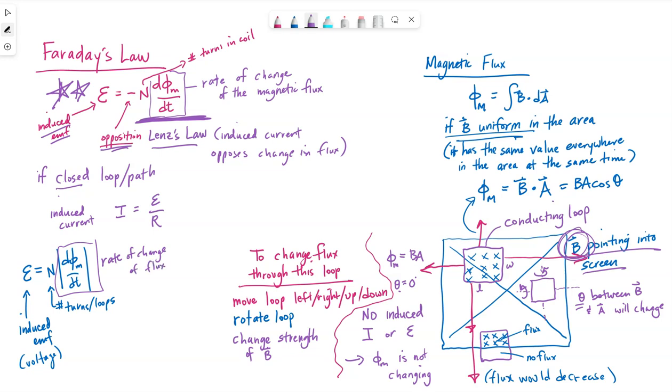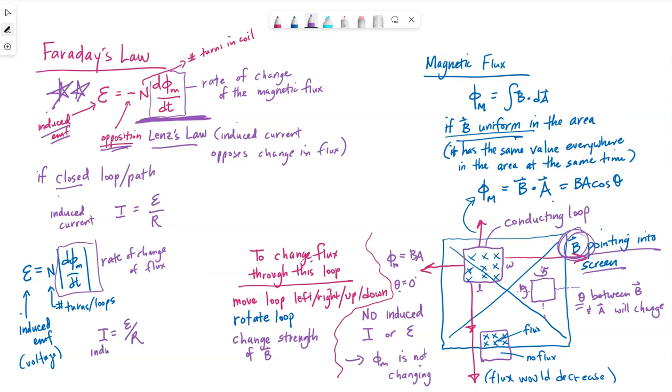So how that flux is changing as time goes on. Absolute value, just to figure out the magnitude. How big is this EMF? And then in turn, how big is the induced current?